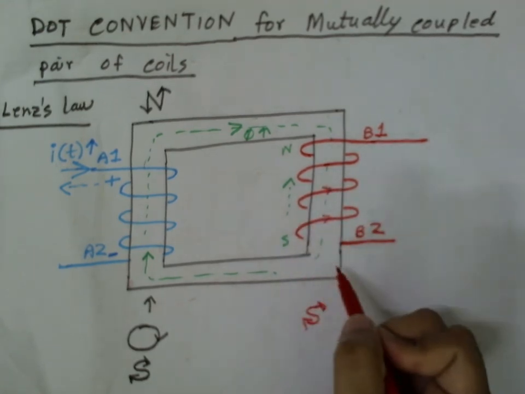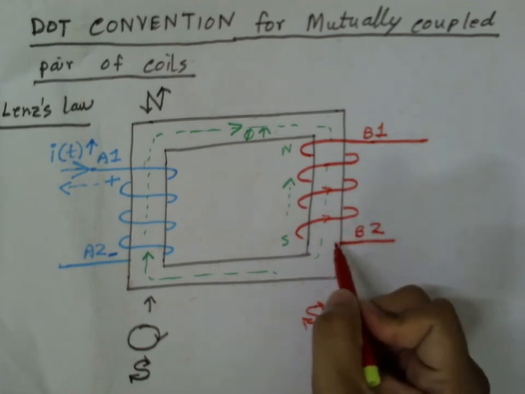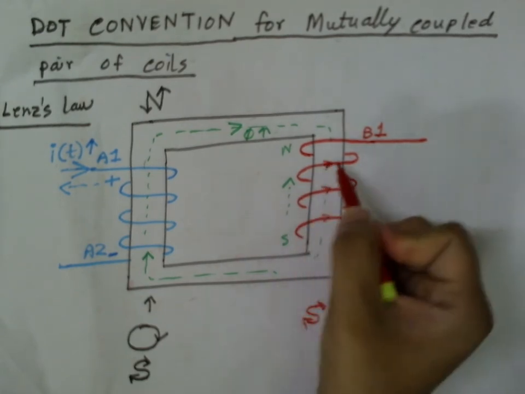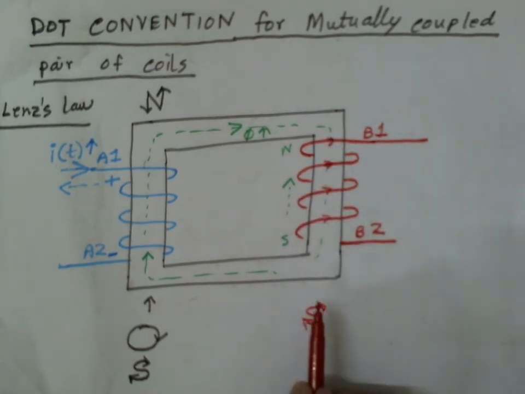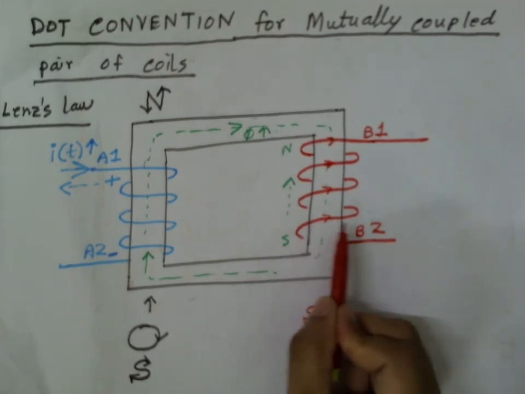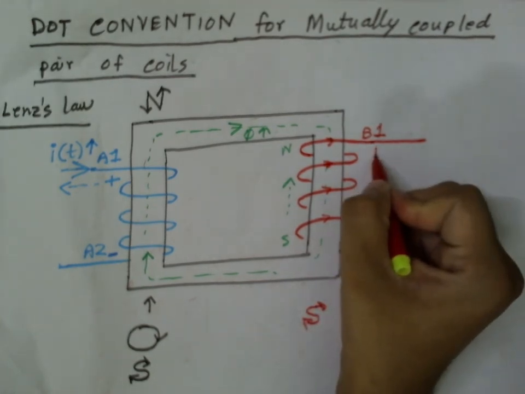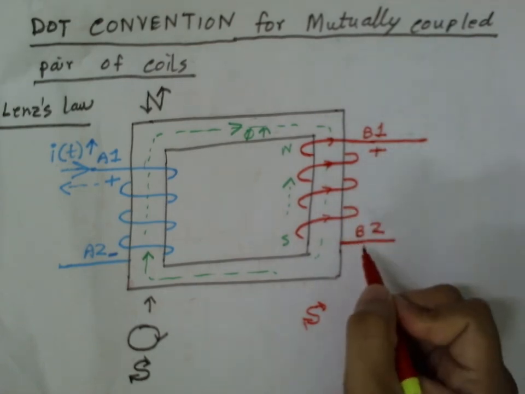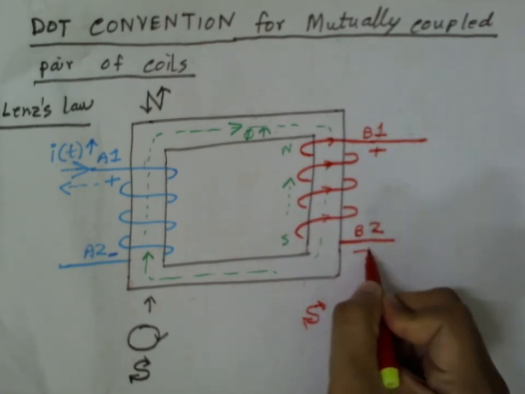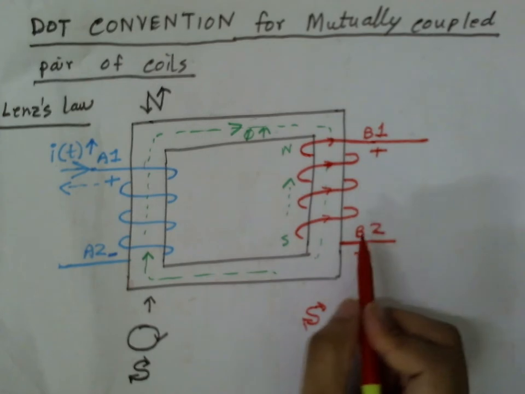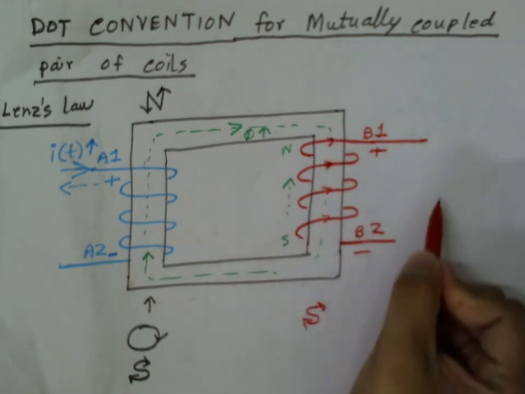So the induced EMF will try to send a current in this direction, which when seen from the bottom of this limb looks like a clockwise rotation of current. Thus, this side will be plus and this side will be minus, so that current goes like this.